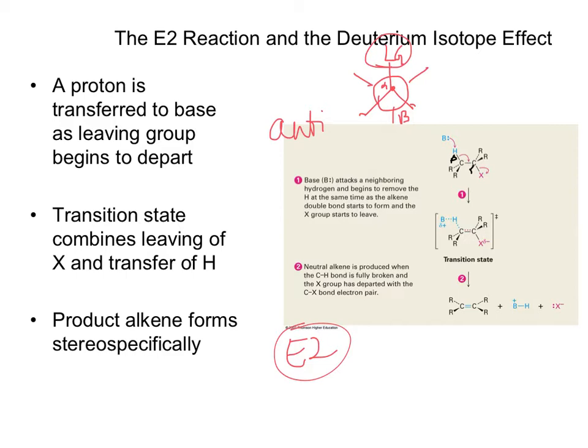So your transition state looks like your leaving group wants to leave, and the bonds between the carbon and the hydrogen want to form the pi bond. Like I said, X wants to leave. You have two groups, R1, R2 perhaps.